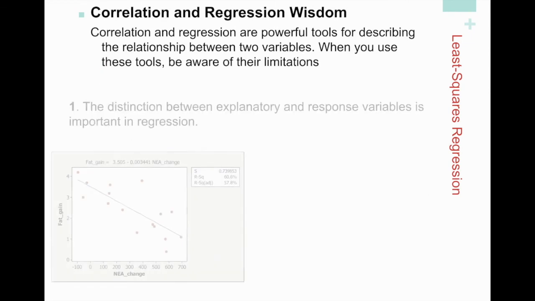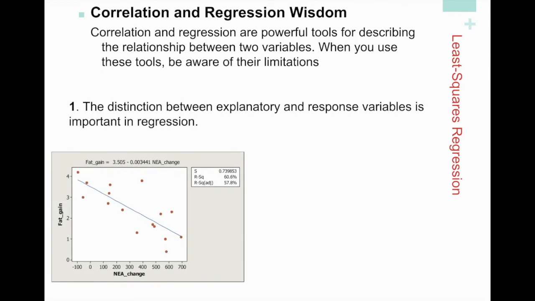Okay, so here are some things to look out for. The distinction between explanatory and response variables is important in regression. Remember, in correlation, it didn't matter which one was the explanatory and which one was the response variable. But with regression, it does very much matter. Everything changes if you change those.